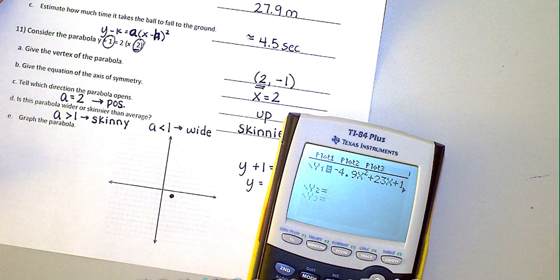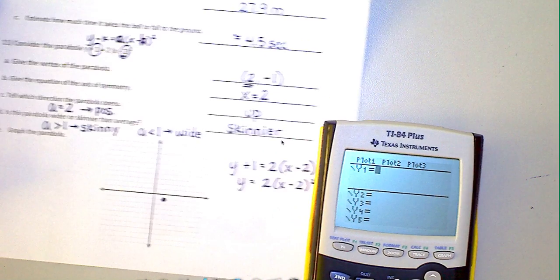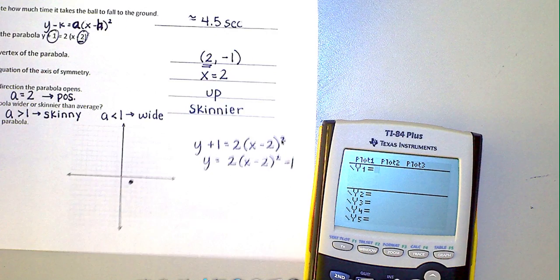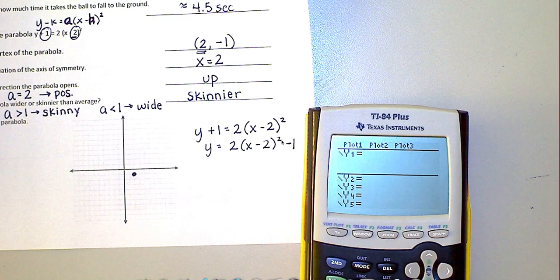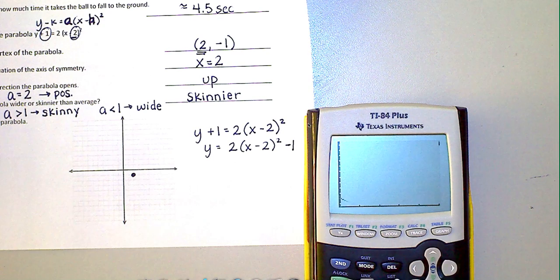So I'm going to go to y equals, and clear that screen off. Okay. Y equals 2 times parentheses x minus 2 squared minus 1. Hit graph.